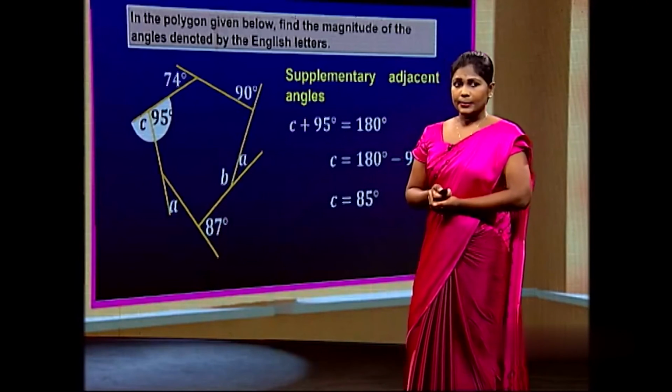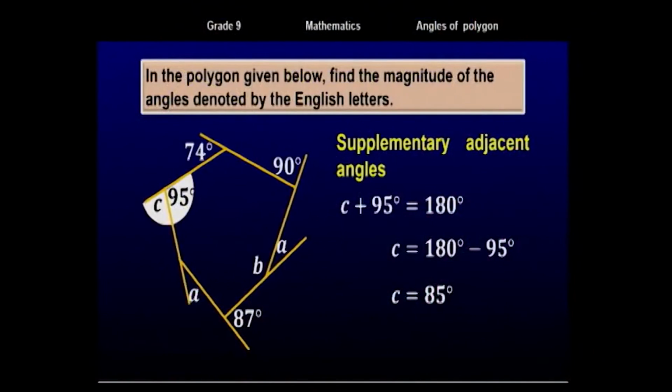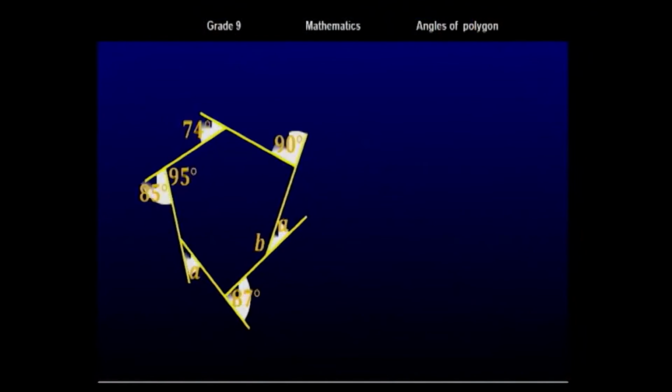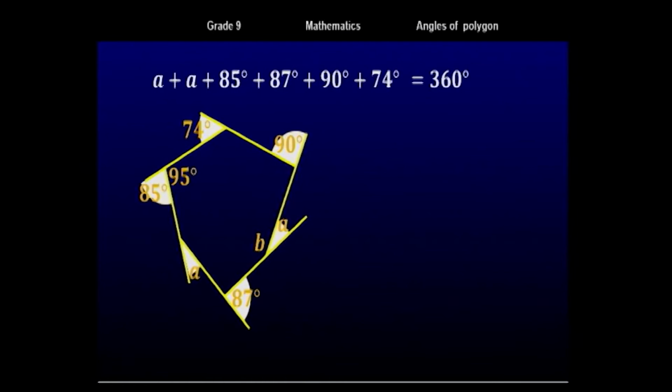There is a B and A, but first you have to find the value of A. Now you know the sum of the exterior angles equals 360. Then you can write the equation A plus 85 plus 87 plus 90 plus 74 is equal to 360.